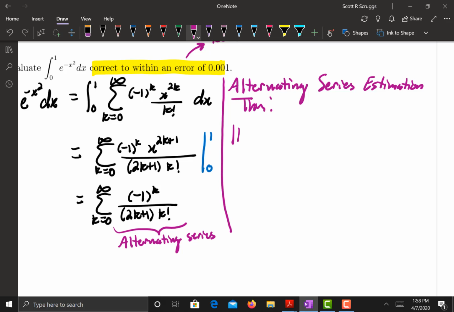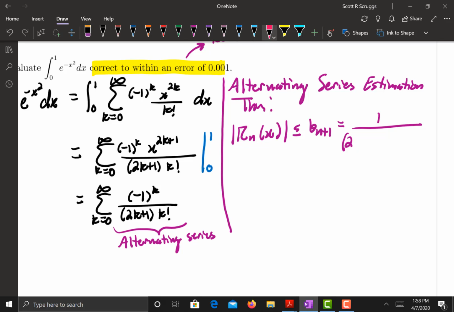Which tells us that for the remainder of an alternating series, it is bounded by the next term of the positive terms within that series, which, after calculating, will be 1 over 2.